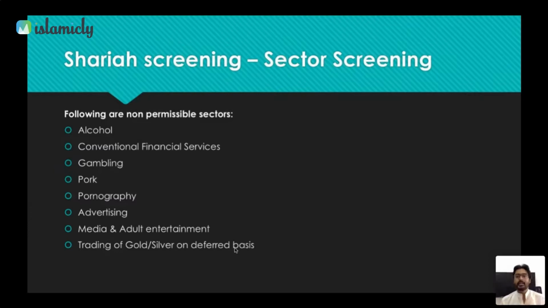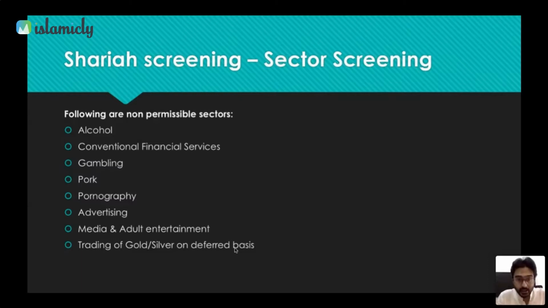So a company which has to pass the business sector screening, or simply the sector screening, has to not have, or in simple language, should not have revenue from these sectors.